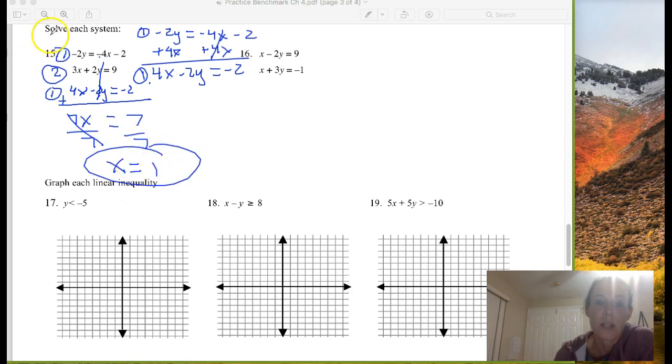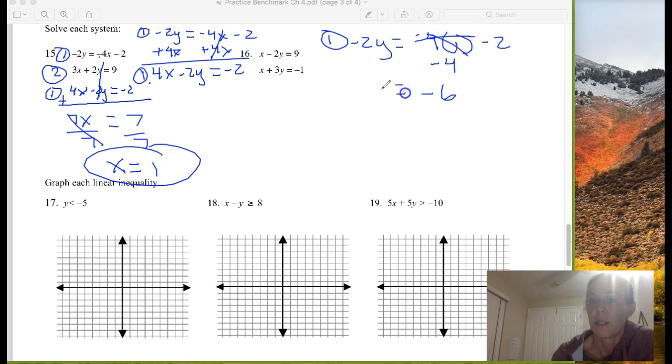You've solved for x. Plug it into either original to get your y. It doesn't matter. Let's go to equation 1. I'll just write it over here so you can see it. Negative 2y equals negative 4 times, remember my x is 1, minus 2. So negative 4 times 1 is just negative 4, and negative 4 minus 2 is negative 6.